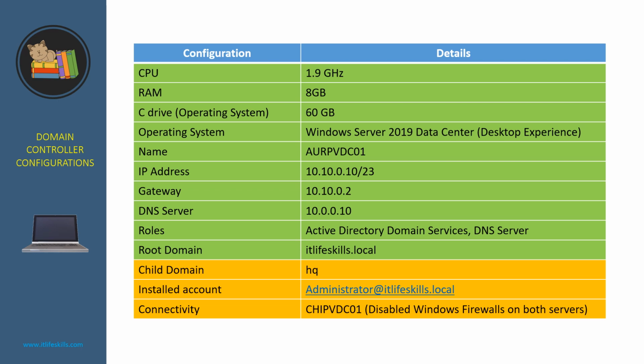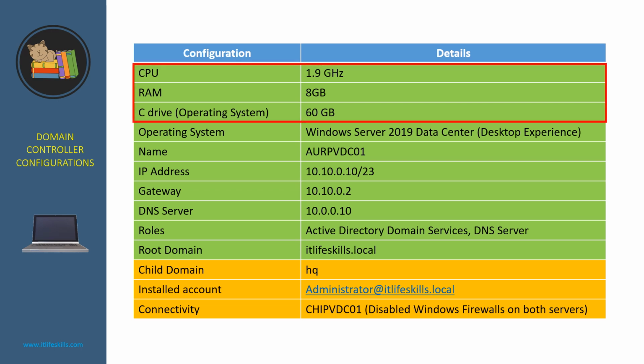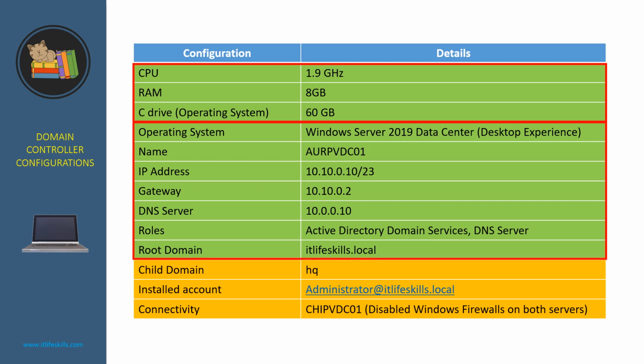This table shows us the domain controller configurations. As you can see, this is the physical configuration and this is the server configuration. From the server configuration, we notice that the server has already been installed with the Active Directory Domain Services and DNS server roles.